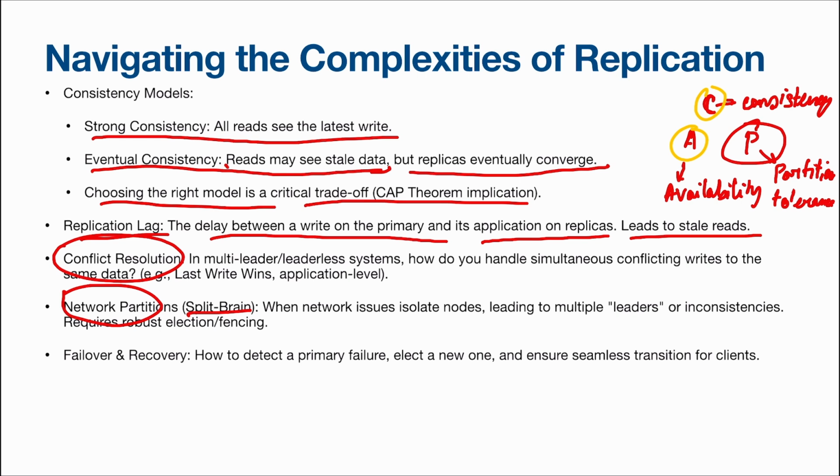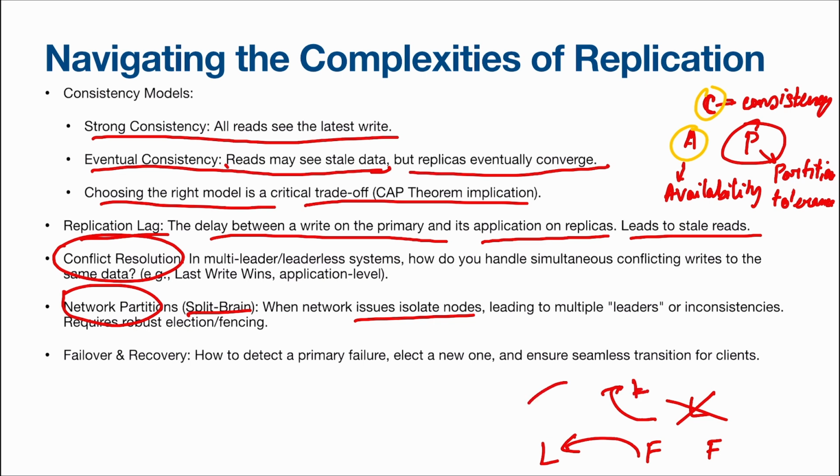So let's say when network issues isolate the nodes, the leader can go down. So there's let's say 1 leader and 2 followers. The leader goes down, so with the Raft algorithm or whatever leader election algorithm we use, we promote this one to a leader, but now the old leader comes back up again due to some temporary issue and it recovered from that.